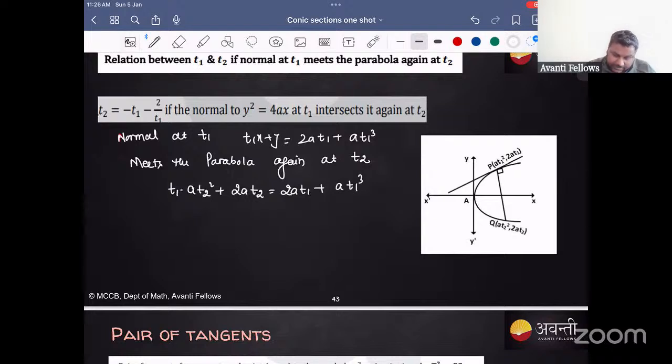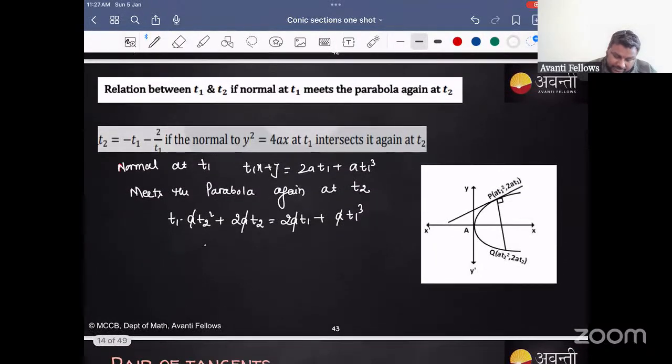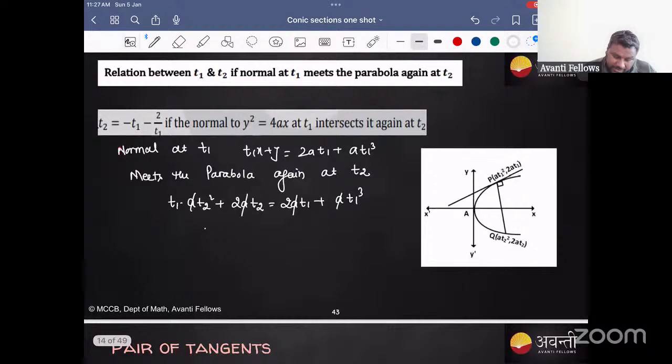Got it? Now you see, a cancels from all the sides.